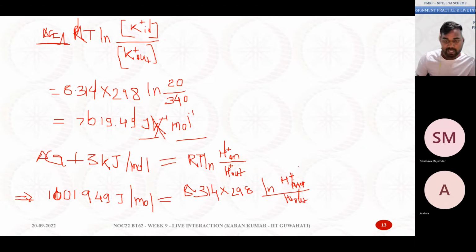From there you will get the ratio of H plus in to H plus out.